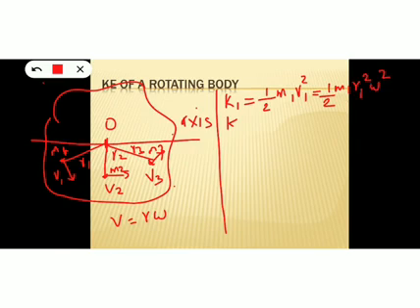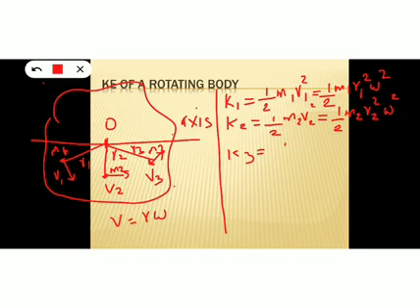Similarly, the kinetic energy of the second particle is half m2 v2 square, equal to half m2 r2 square omega square, and the kinetic energy of the third particle is half m3 v3 square, equal to half m3 r3 square omega square.